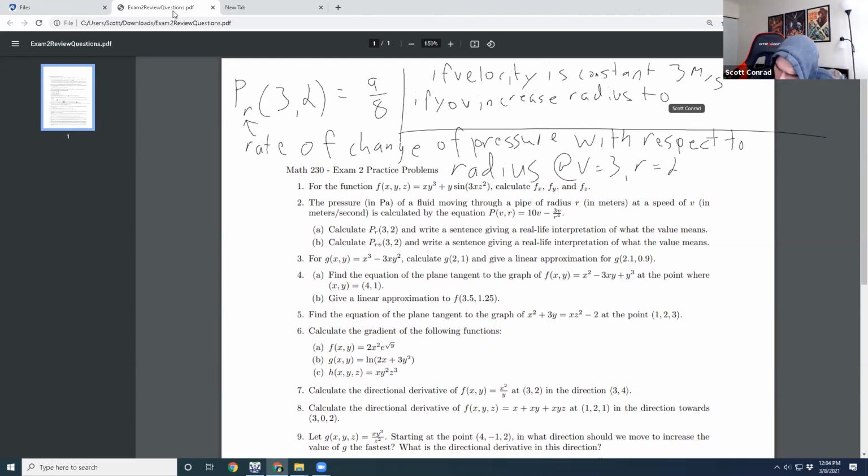So if you change the radius by a little bit, to say r plus delta r, then the pressure is going to change by 9/8 times delta r, basically.